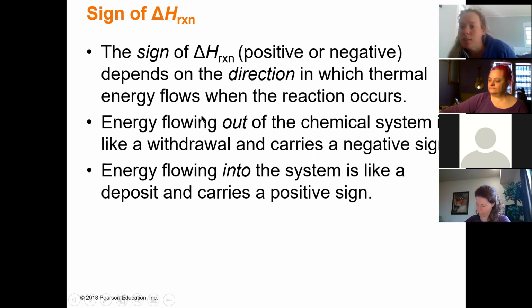Energy flowing out of the system, so if it's an exothermic reaction, will have a negative sign because it's losing energy, right? Energy flowing into the system, or an endothermic reaction, will carry a positive sign.